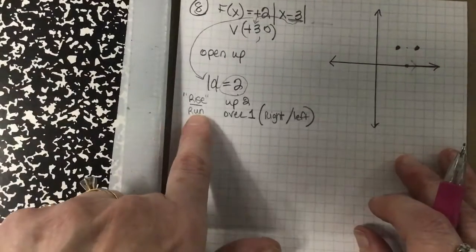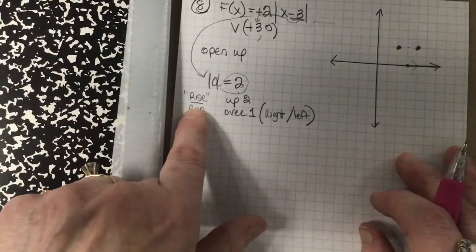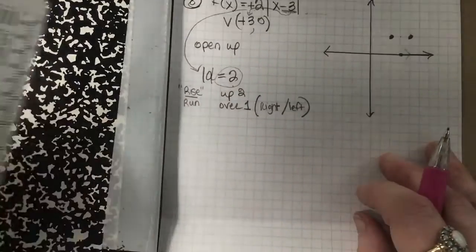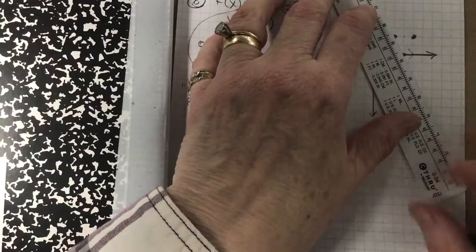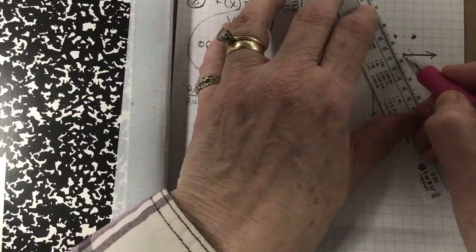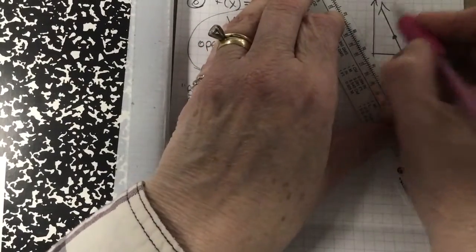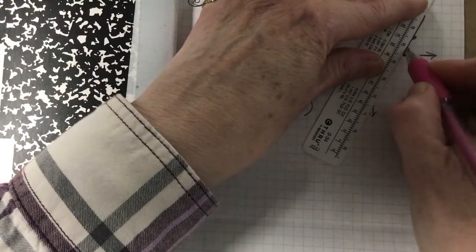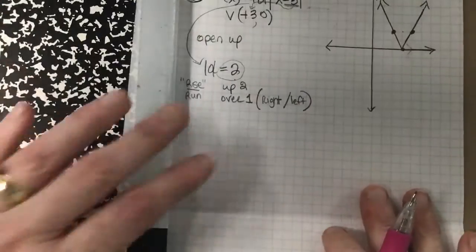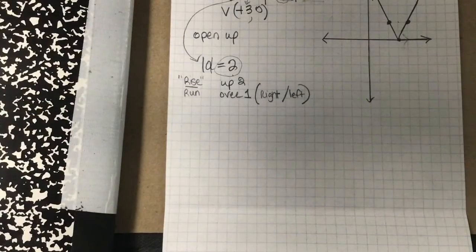Now, where it's different is when this is a fraction. You don't treat it like that. So I have to be careful. It's similar to rise over run, but it's a little bit different. Now, here's the weird thing. What I'll show you will work with absolute value, but it doesn't work with quadratics. So you want a shortcut that will work for all of them. And there's your V with no t-table, no graphing calculator.